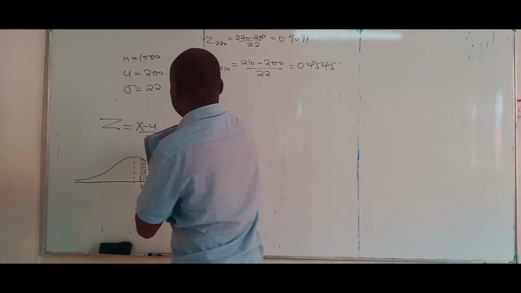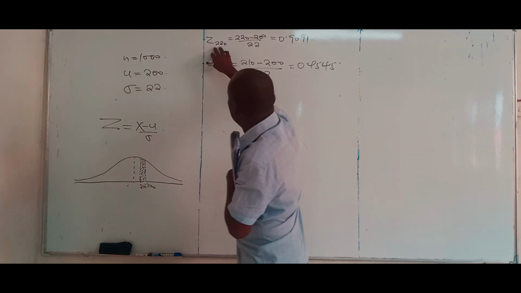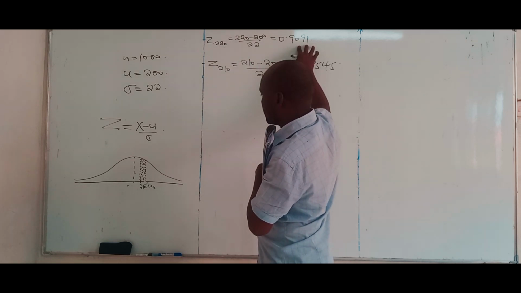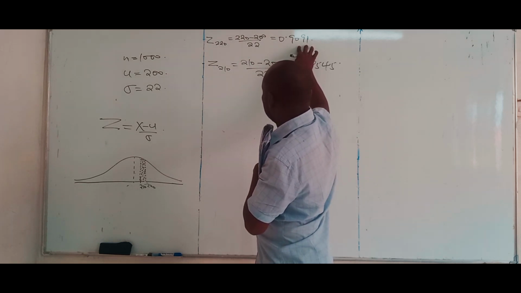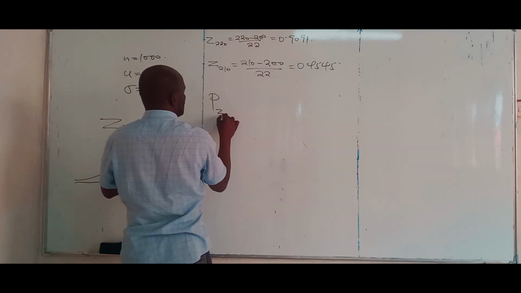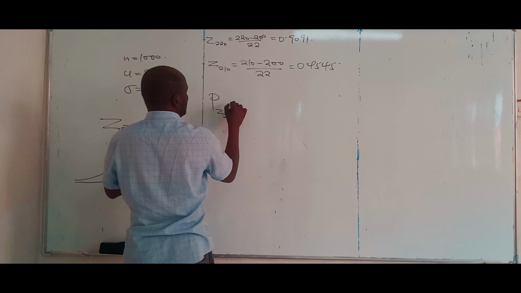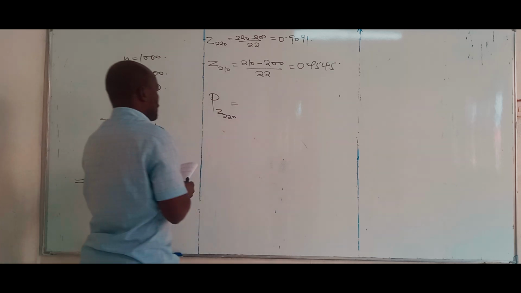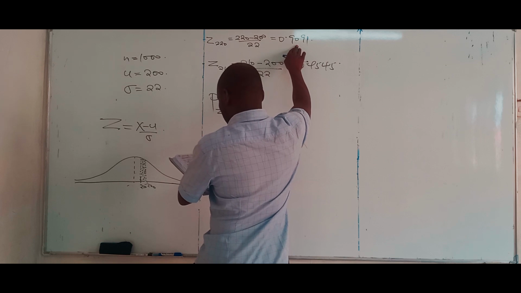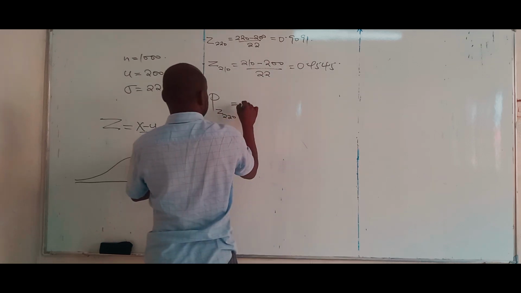To get this area, we will read the probability that corresponds to this Z score from our table. For Z of 220, it will give you 0.8186.